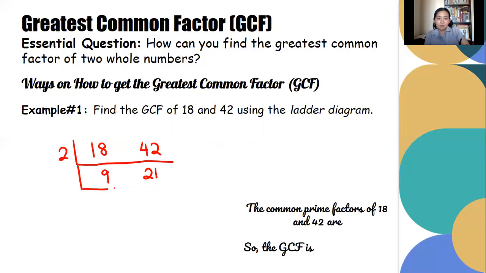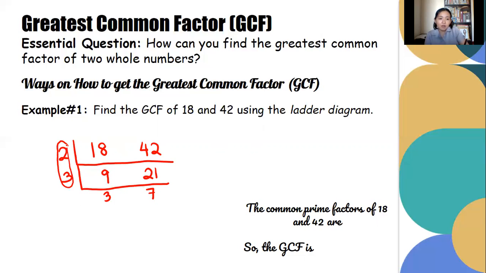Forming the next step of the ladder, I will have 9 and 21, and their common factor is 3. 9 divided by 3 is 3. 21 divided by 3 will give me 7. Since 3 and 7 don't have any common factors left, I will stop the solution there and get all the numbers at the side.